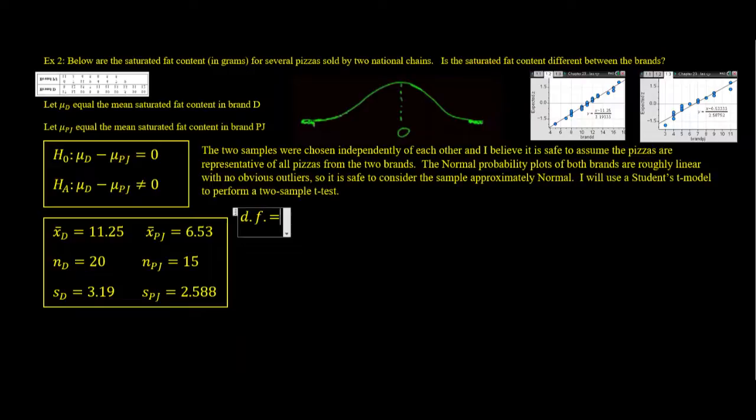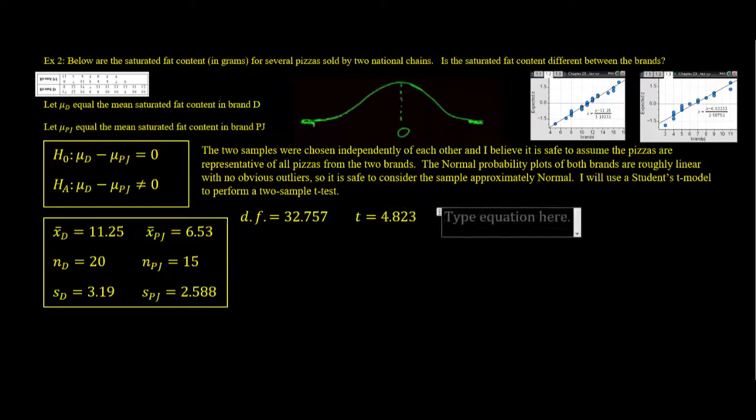So our degrees of freedom were 32.757. Our t-value was 4.823. And we had a p-value of 0.000032. That's exceptionally low. The p-value of 0.000032 is very low.